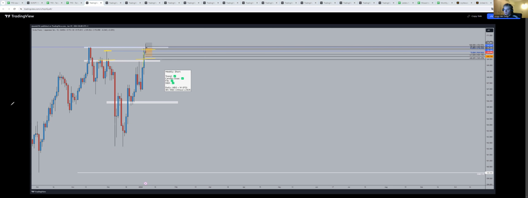So it's a potential fake out. And you can see we took some new liquidity or new action of that daily highs here. Then we received a daily candle to the downside, as you can see.